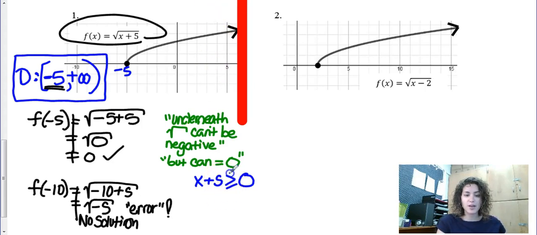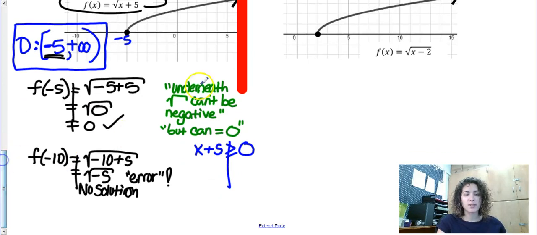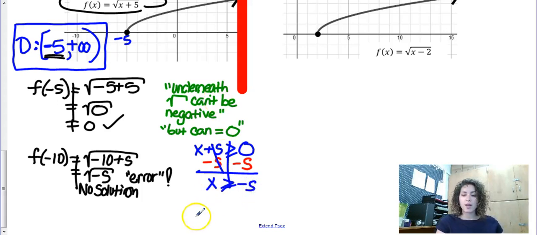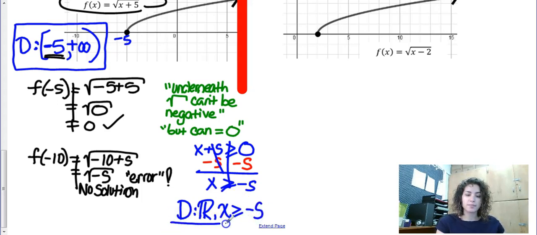I'm going to draw a line down my inequality sign, just like I would an equal sign. And I have a one-step inequality. I'll subtract 5 from both sides, and I get x is greater than or equal to -5. And I'm going to use this inequality to make the statement that my domain is all real numbers, x greater than or equal to -5.